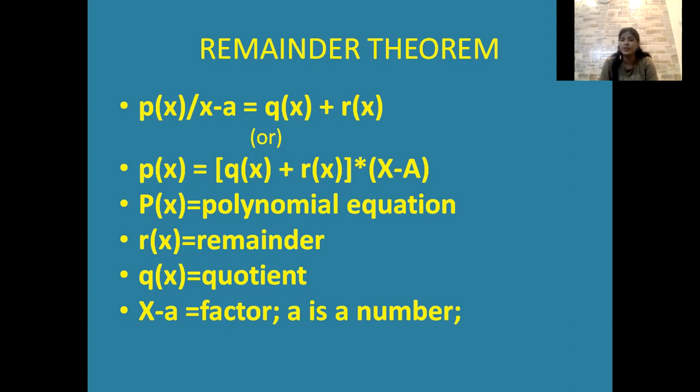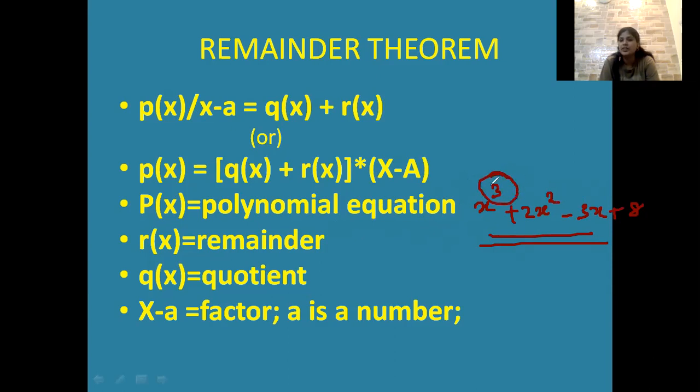So polynomial equation. Let me give you an example for the polynomial equation. Let me annotate. So it can be x cubed plus 2x squared minus 3x plus any constant. So this algebraic expression, the combination of variables and constants, can be a polynomial equation.